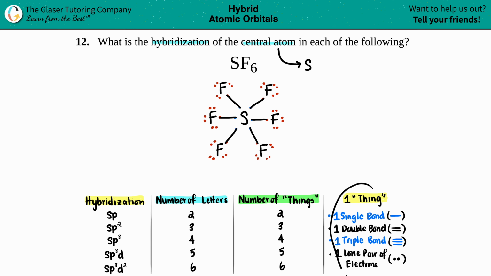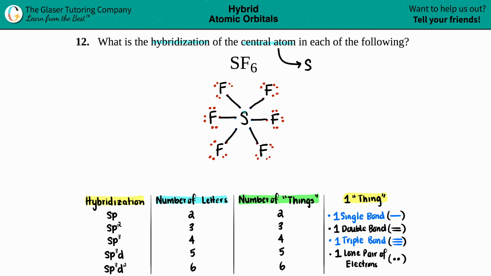And here's the rule for what classifies as one thing. One double bond is one thing. One single bond is one thing. One whole double bond, even though it's got 2 bonds in there, is still classified as one thing. The triple bond as well, and 1 lone pair of electrons.